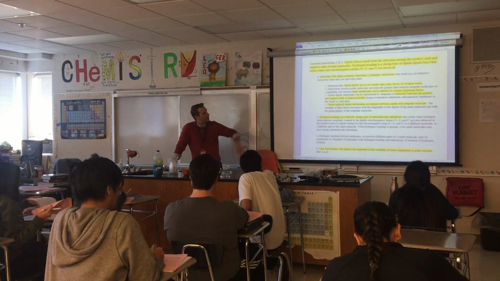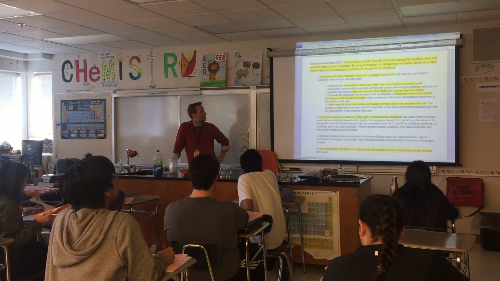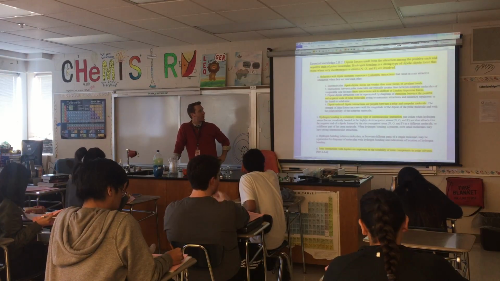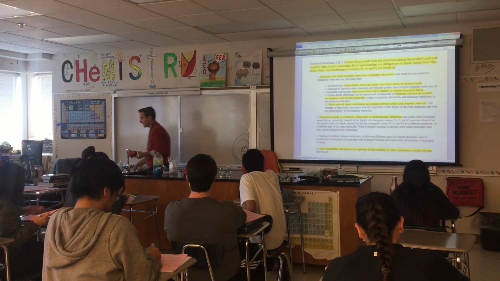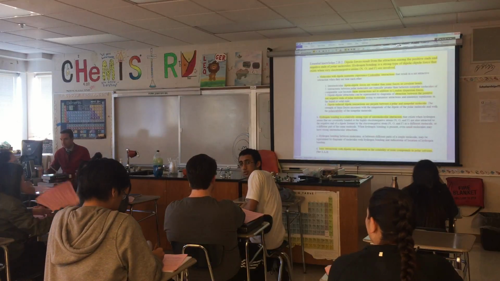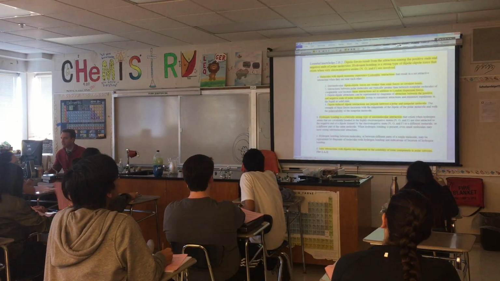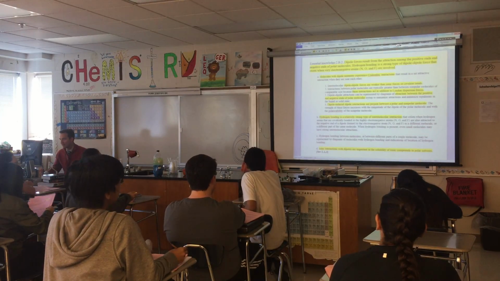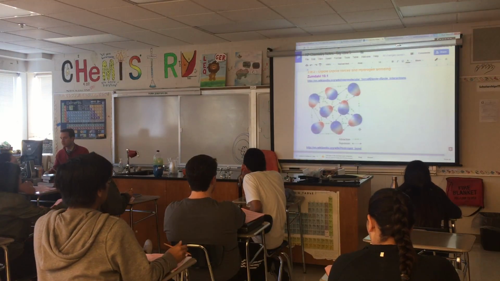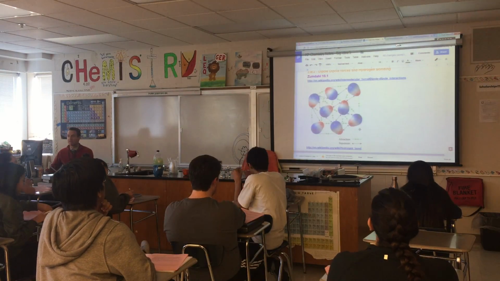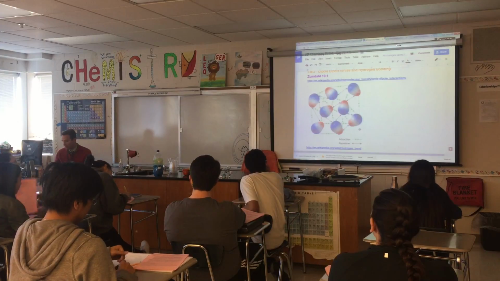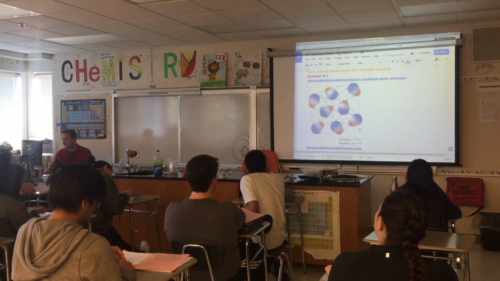So if you read through this, there's a whole bunch of different interactions that it talks about. It starts by talking about the dipole-dipole interaction. I have a nice little picture that shows it on the notes. Every one of those molecules is a dipole. It has a positive end and a negative end.